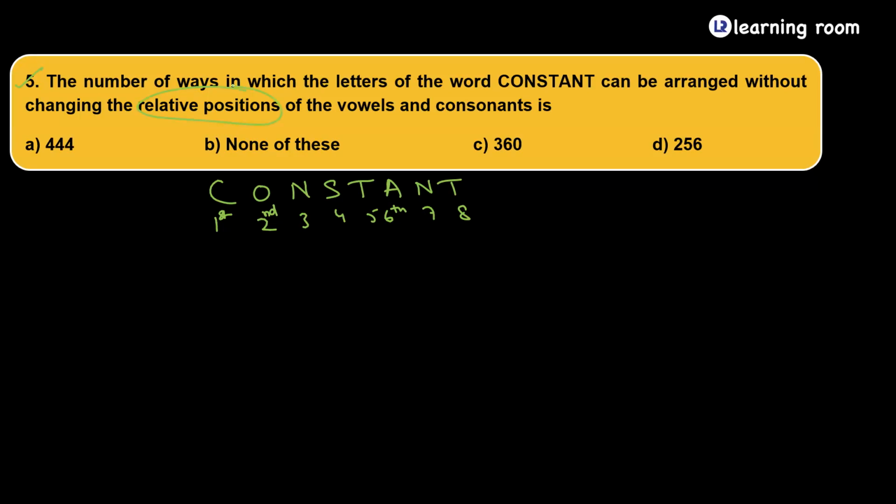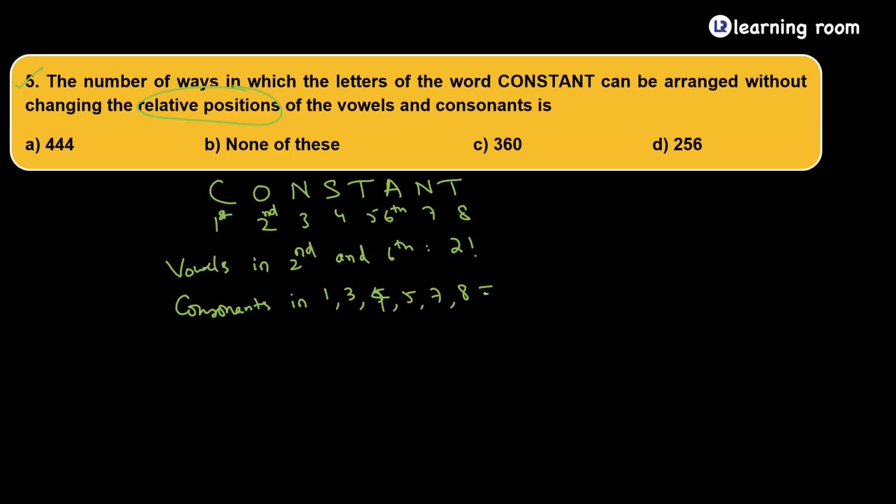So how can you arrange the vowels? In which position? In second and sixth position. How can you arrange them? In 2 factorial ways. Basically 2 ways only. O can be here, A can be here, or A can be here, O can be here. That's it. Similarly, consonants can be in the remaining positions. Which positions? 1, 3, 4, 5, 7, and 8th position in 6 factorial divided by, out of the 6, n is repeating twice.